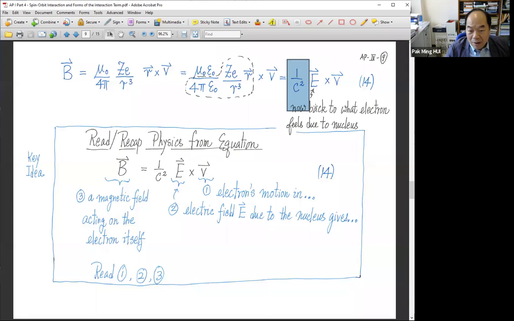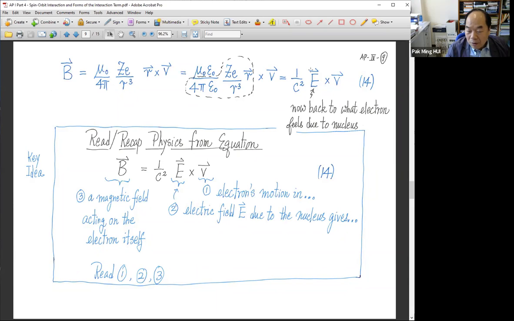Now for those who know electrodynamics up to the special relativity part, I think that will not be very unfamiliar to you. Actually, that is also a transformation as well.